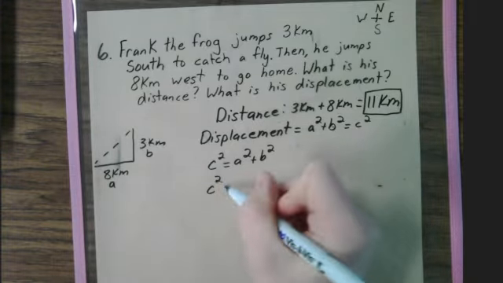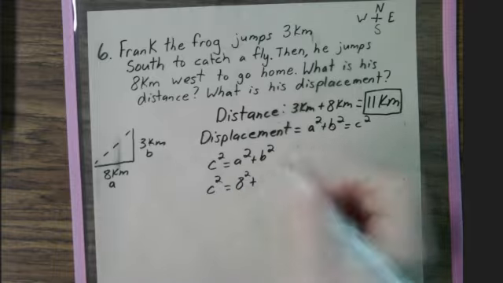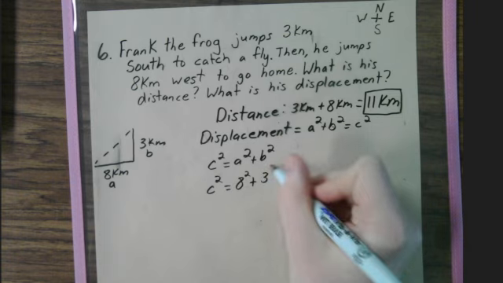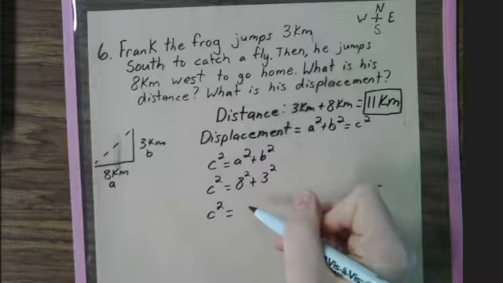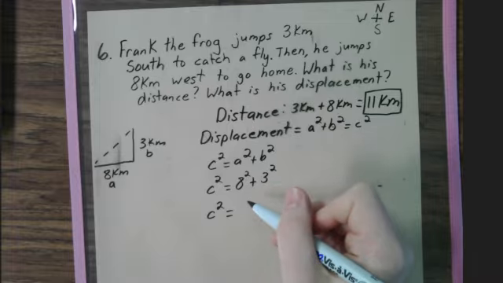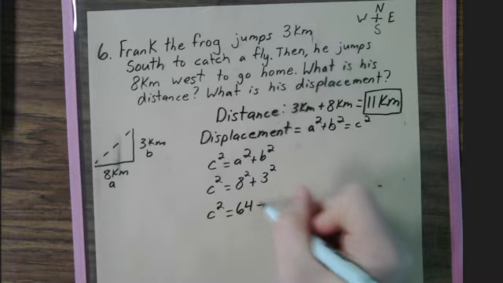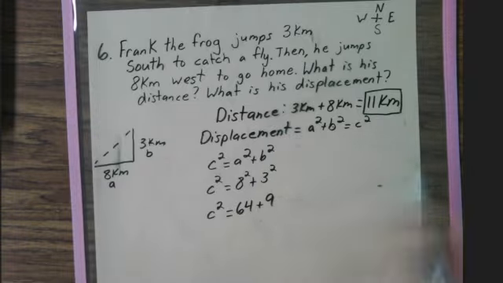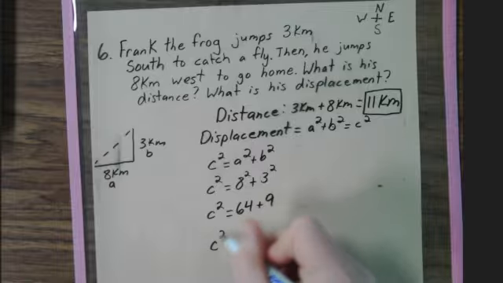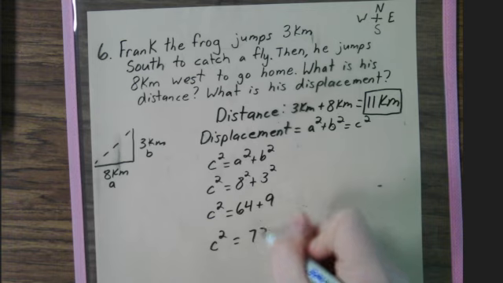So c squared is equal to a squared, which is 8 squared, and b squared is 3 squared. 8 squared is equal to 64, plus 3 squared is equal to 9. I'm going to bring down the c squared. 64 plus 9 is equal to 73.